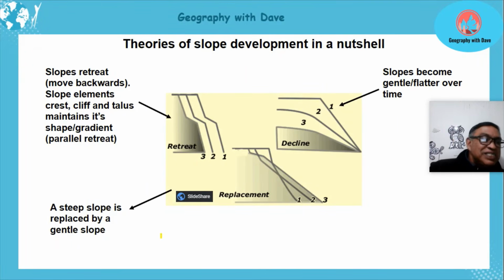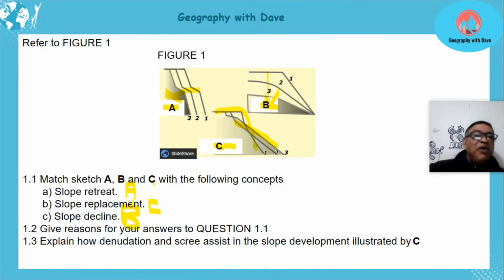So in this question, if you look at it, learners, all we have to do is give descriptions that show the differences of how you identified each one. Now look at this.